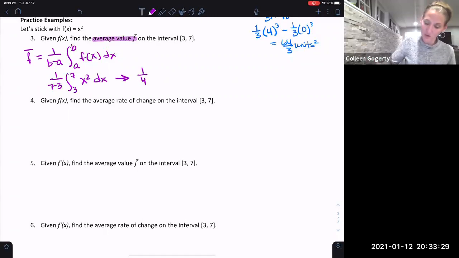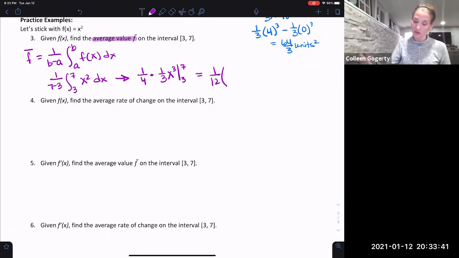So what does that mean? I've got 1/4, and I'm multiplying that by, let's use the fundamental theorem of calculus to evaluate, 1/3 x cubed from 3 to 7. So I've got 1/12 times 7 cubed minus 3 cubed. Definitely going to want to go to my calculator for this. 7 cubed is 343. 3 cubed is 27.